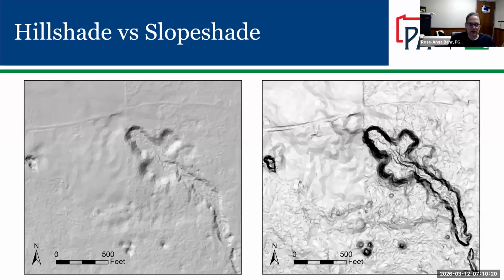Now, on there, you can view 2 different sort of ways of looking at the data. It's the hillshade and the slope shade. These are the 2 I use the most. The hillshade appears to be illuminated from the northwest, which, right, the sun's never in the northwest, but it tricks our brain, and then we can see depressions and we can see hills.